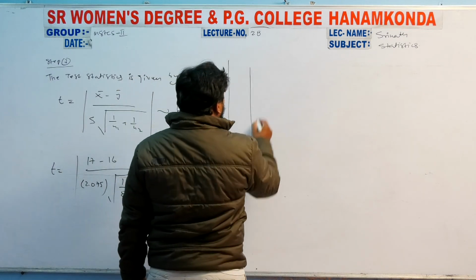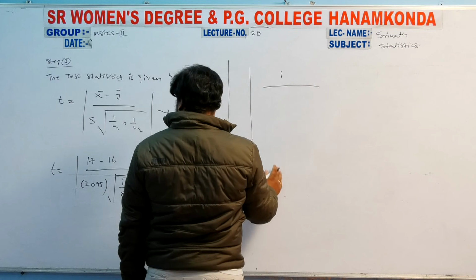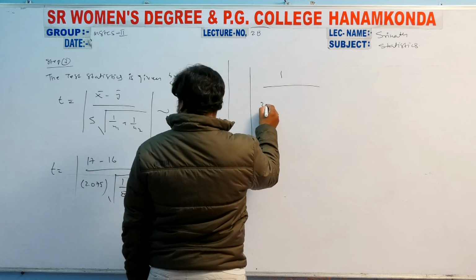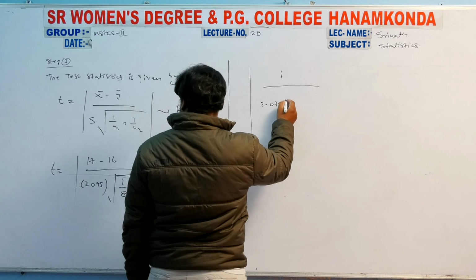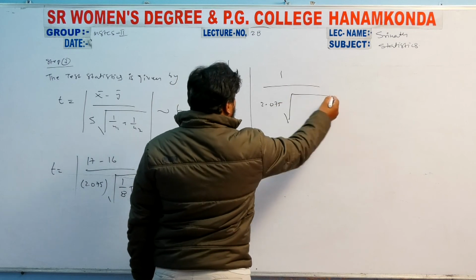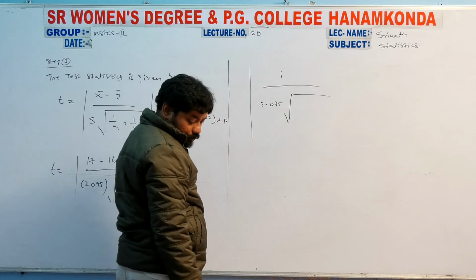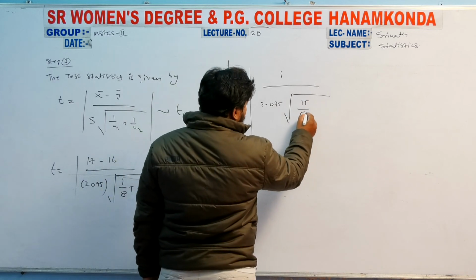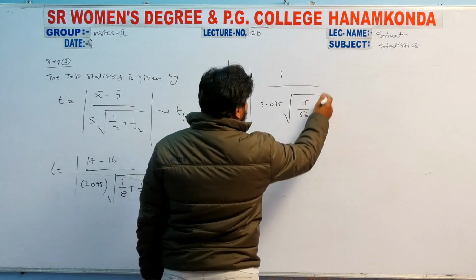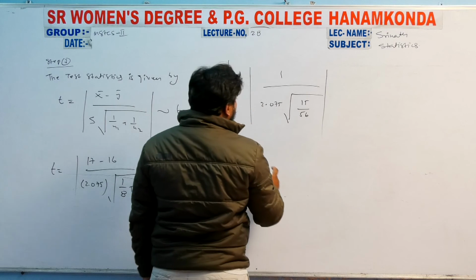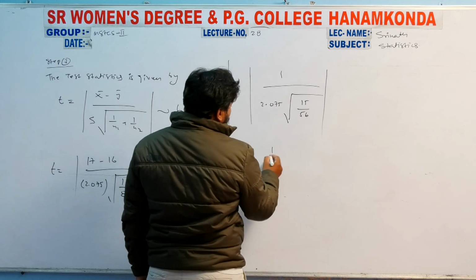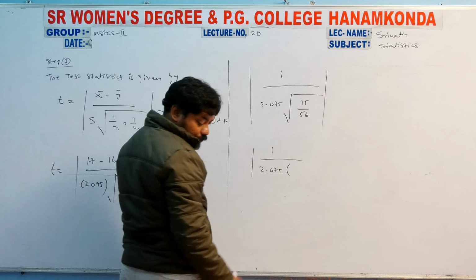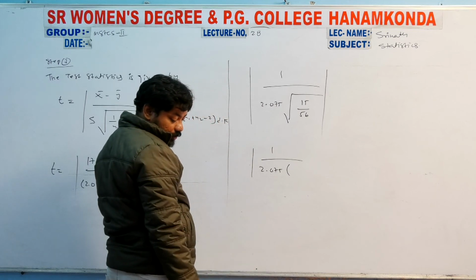Here the value is mod of 1 by 2.075, and 1 by 8 plus 1 by 7 is 15 by 56, which is 0.267.